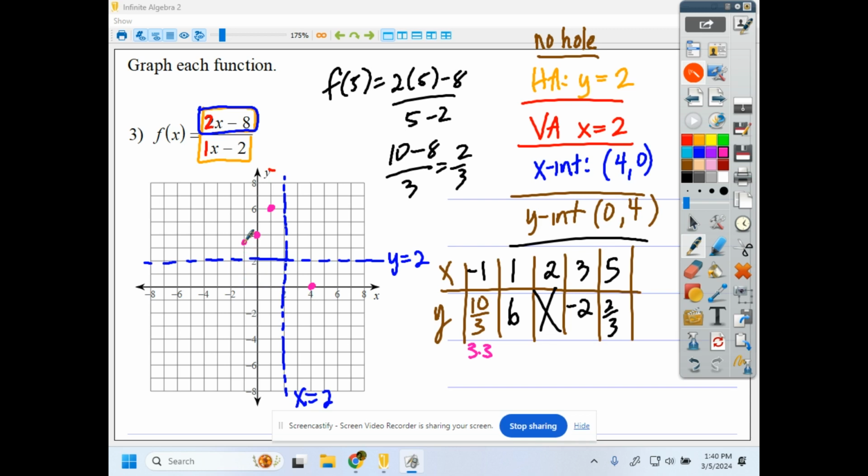Right side, 3, negative 2, and 5, 2 thirds, a little bit over the x-axis. So you can already tell the graph, this gets closer to the asymptote, this gets closer to the asymptote here, and just simply connect them. And that's the graph, there you go.